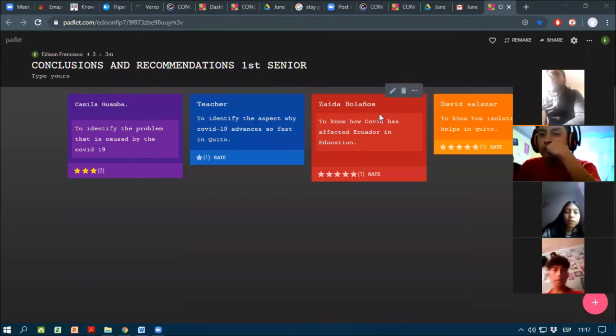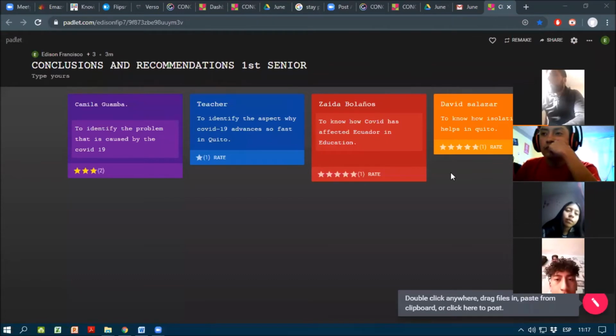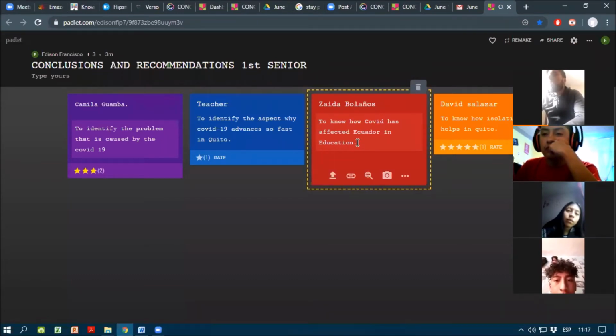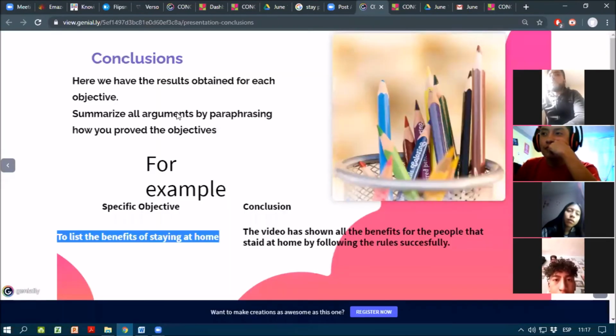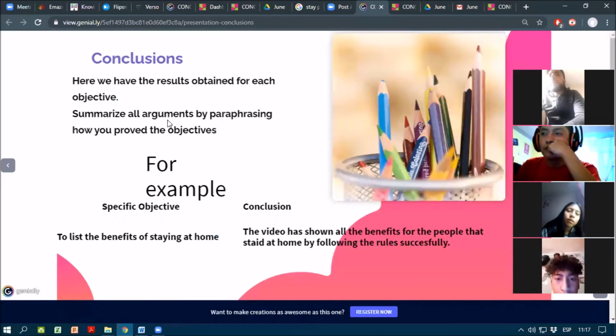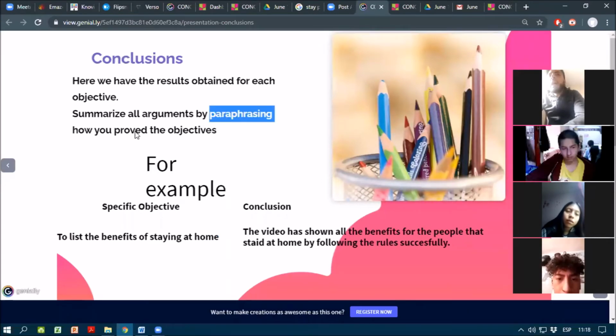We are going to choose Zaida Bolaños because she is one of the best. Zaida Bolaños says, to know how COVID has affected Ecuadorian education. The moment that you create the video, you have to say if you complete this objective. Because what is a conclusion? A conclusion is a summary of an argument by paraphrasing, pay attention to this, how you prove the objectives.